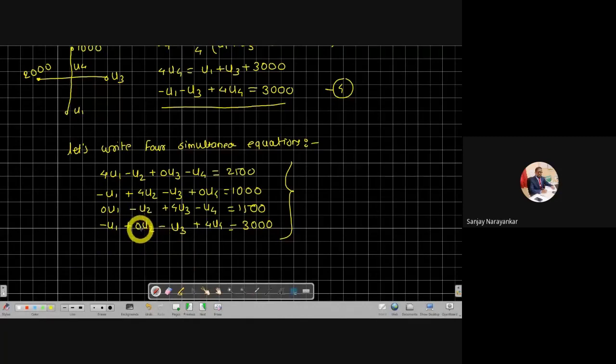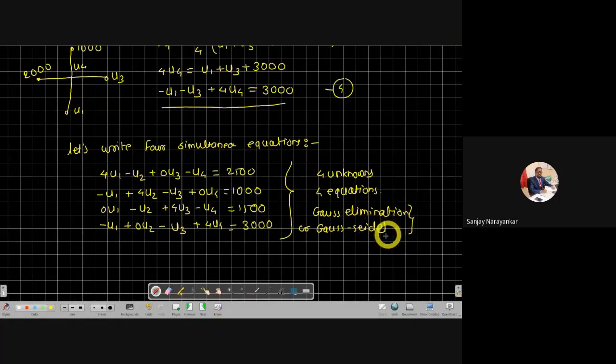Now, hereafter, the unknowns are U1, U2, U3, U4. So we are having 4 unknowns, right? And 4 equations. Either you can use Gauss elimination to solve these equations, or you can use Gauss-Seidel.